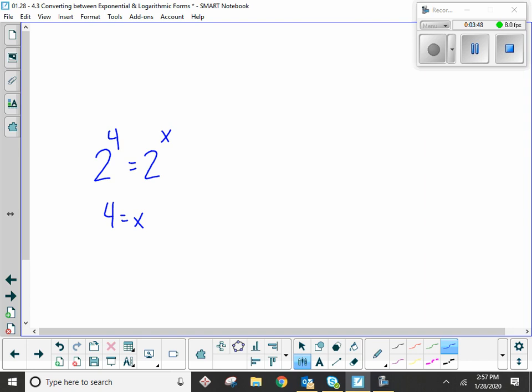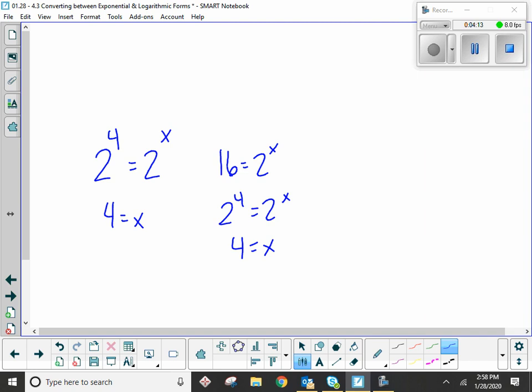Then we talked about, well, what if the bases weren't written the same, but you could get them that way? Like you could just rewrite it so they have the same base. You would say 16 is 2 to the 4, and then now you would say 4 equals x.